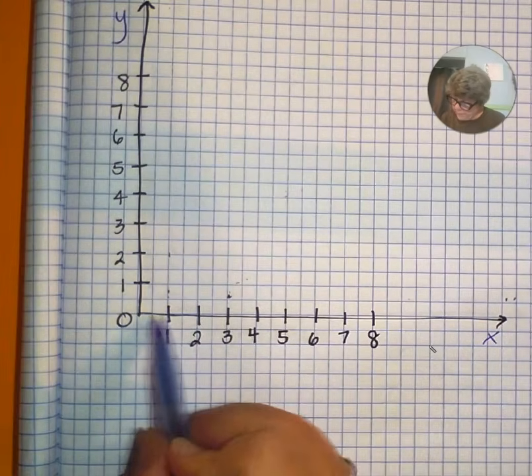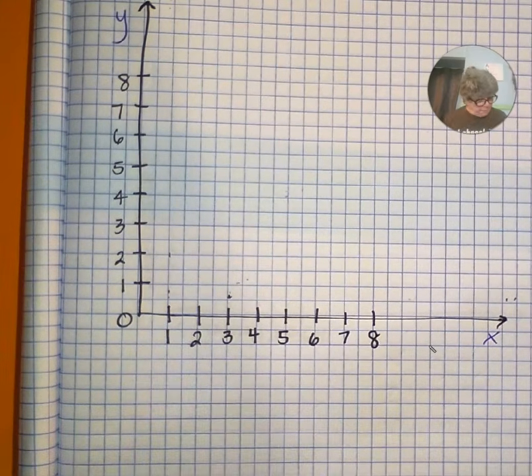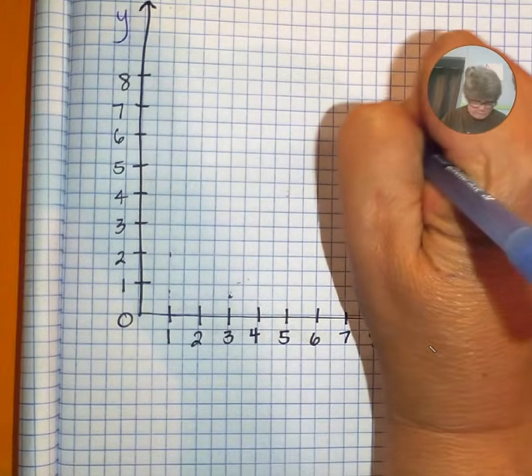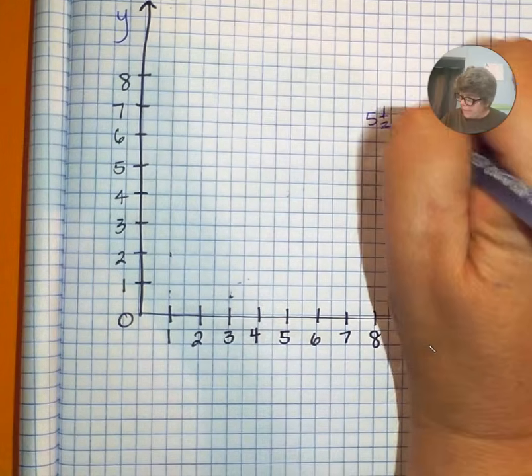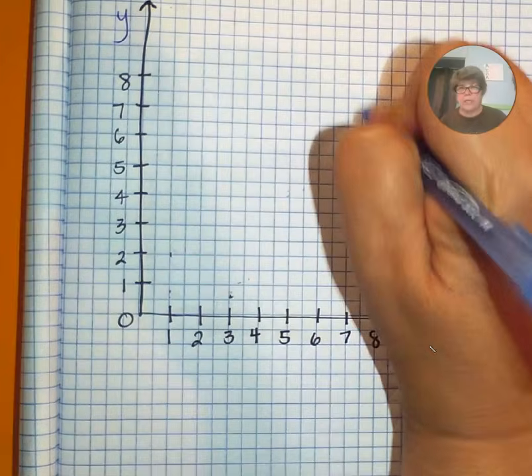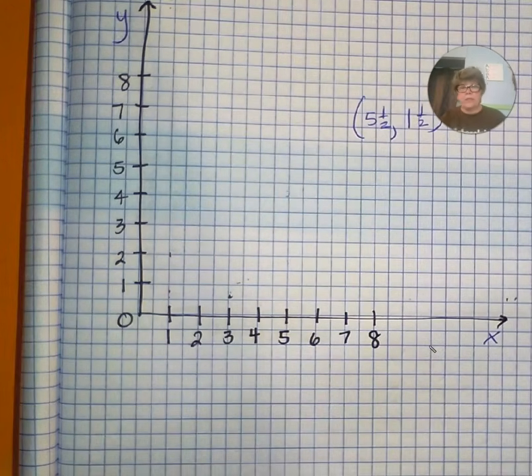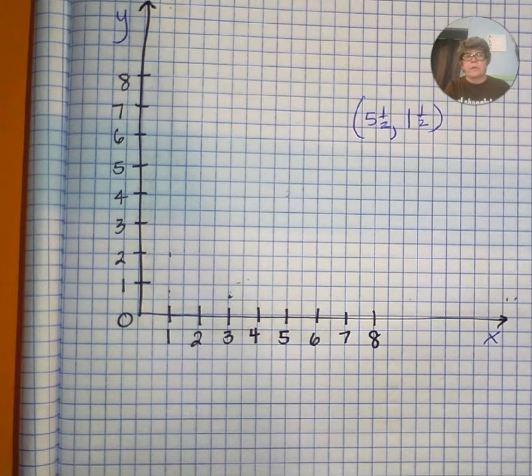Half, half, right? Okay. Let's plot A on the coordinate plane. So now we're going to be plotting some points rather than looking for points. The coordinates of point A are 5.5, 1.5. I just like to write them down so you can look at the numbers, not only hear me saying them, right?